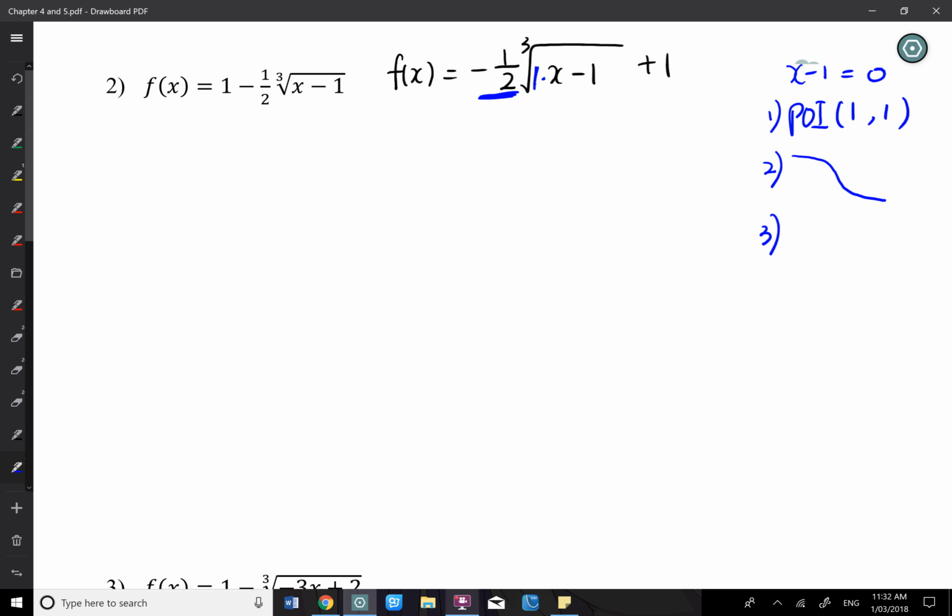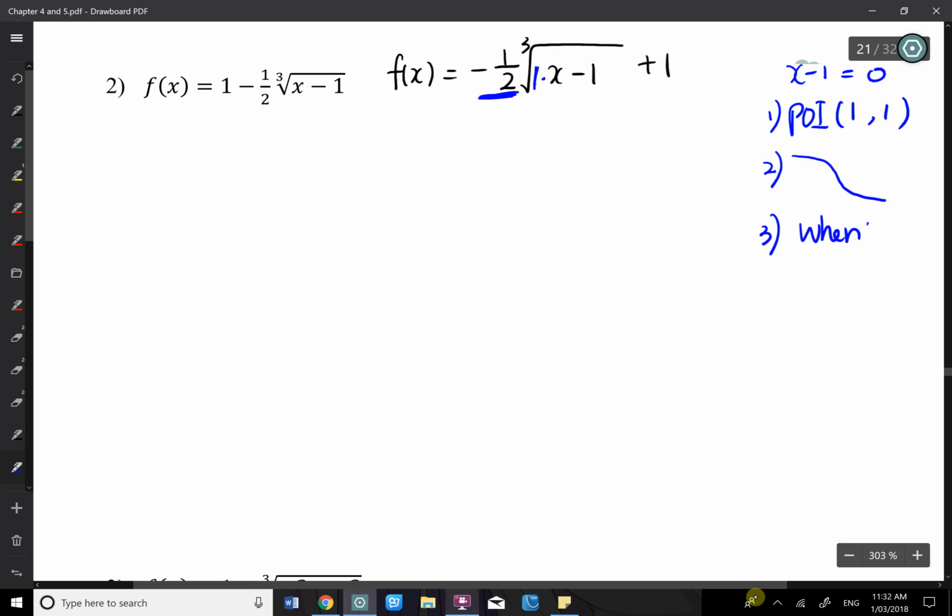Number 3, when x equals 0, f(0) equals 1 minus a half times the cube root of negative 1.